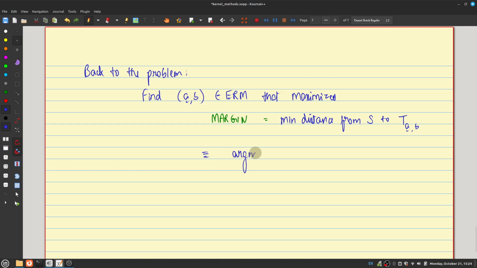We want the arg max over all A and B with the 2 norm of A equal to 1 of the minimum over i from 1 to n of the distance, which is the absolute value of A transpose xi minus b.